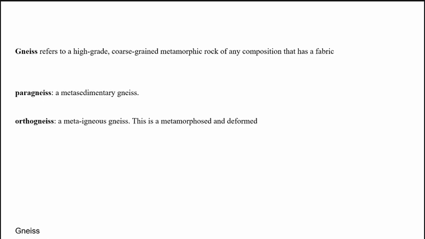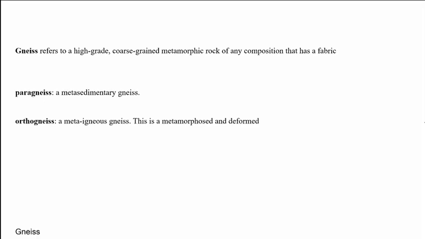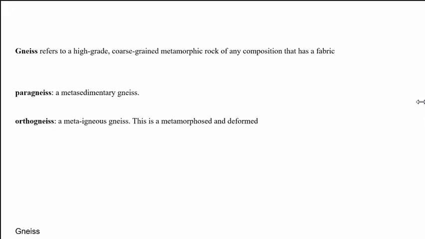And then you now have distinctive banding that forms due to separation of the feldspars from the biotites. So you should know the difference between paragneiss and orthogneiss.